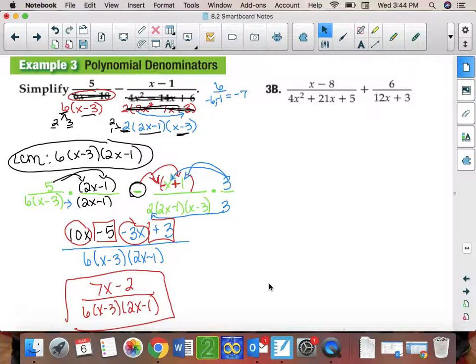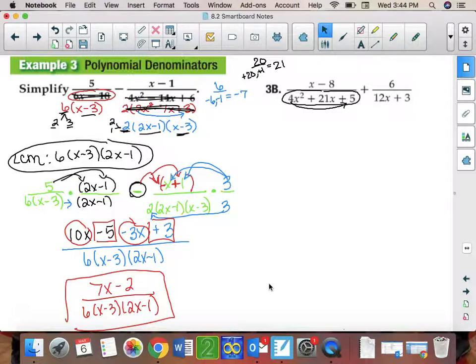Okay, so let's look at 3b. So 3b here, if I start with this denominator, there is no GCF to take out. So I'm just going to immediately start to factor. So I'm looking for factors of 20 that add to 21, and that would be a positive 20 and a positive 1.